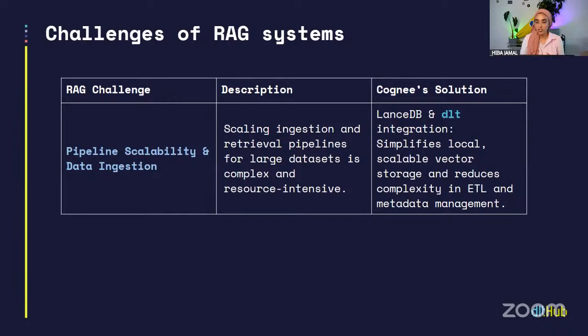And Cognee's solution is pretty cool because it also integrates DLT into it. So it has LanceDB. LanceDB is a vector database, and if anyone has worked with it, it's pretty cool because you get to do local development. And if you want to change it to cloud, LanceDB has a cloud version, but you can also store stuff into a GS bucket versus a local directory.